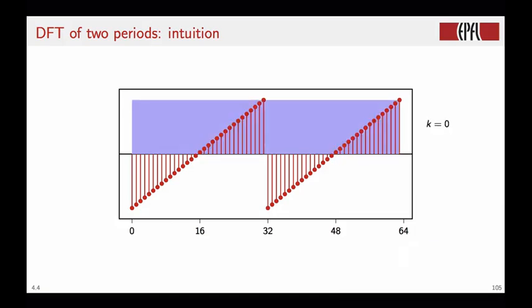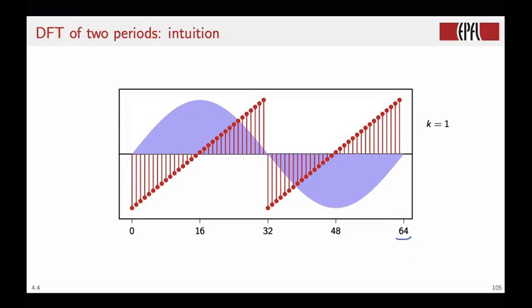We will show here in blue just the ideal shape of this basis vector. We don't really care about the real and imaginary parts because we're just interested in the structure. The first vector is just the constant 1, and the result of the inner product will be the non-normalized average of this signal in red. We know the average to be 0. The same holds for two periods, so the first coefficient is 0.